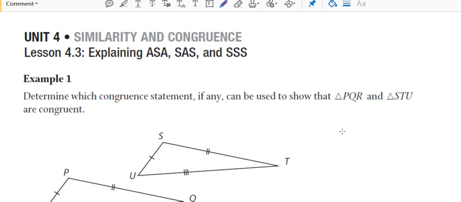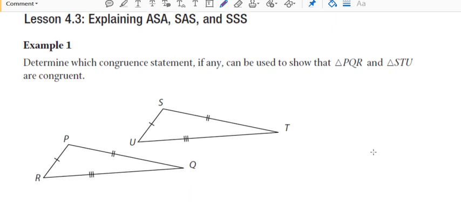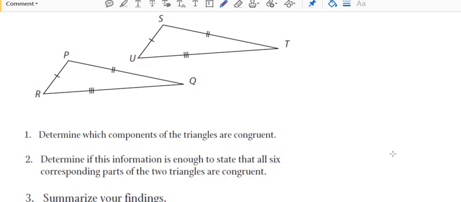All right, so these are going to be 7 different examples where we're supposed to go through 3 different steps each time. The 3 steps are these 3 steps right here. We're supposed to determine which components of the triangles are congruent, then determine if this information is enough to state that all 6 corresponding parts of the triangles are congruent, and then summarize our findings.